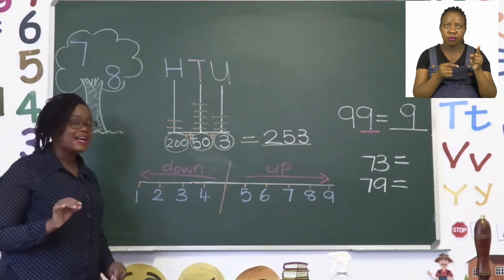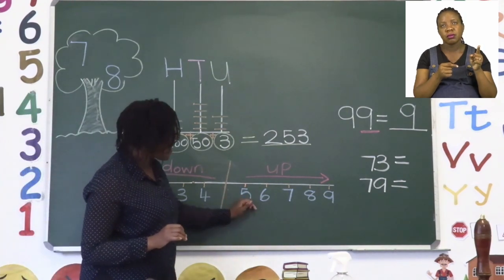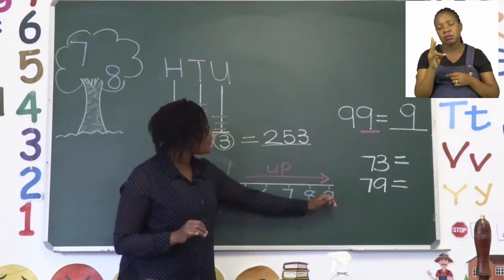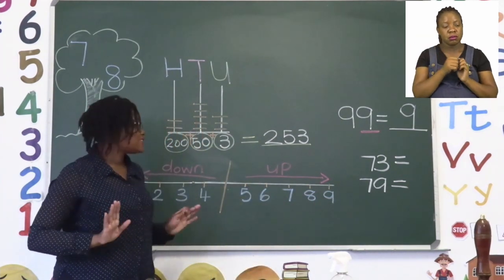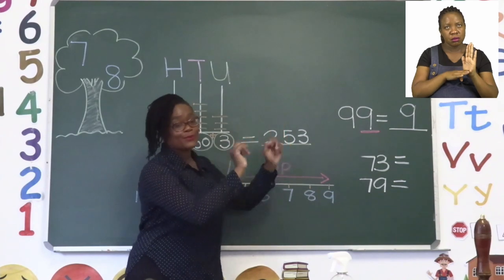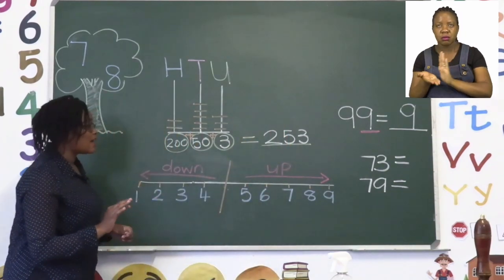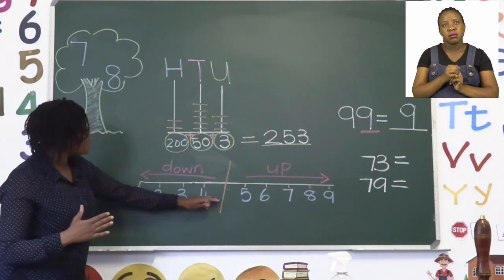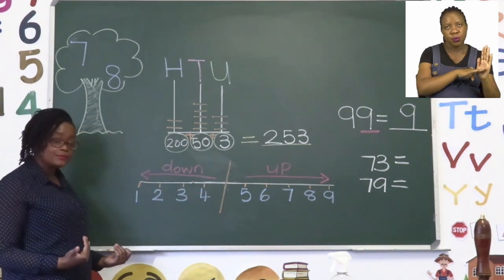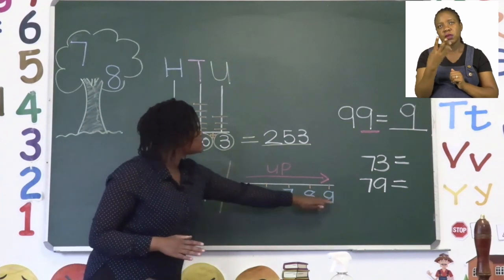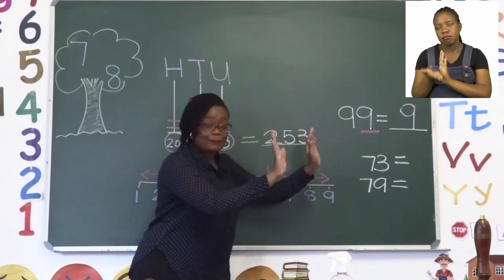And then any number that is 5, 6, 7, 8 or 9 as a second digit means that it's going to round up. So if we have numbers that have second digits that are either 1, 2, 3, 4, we round down. And then from 5 to 9, we round going up.